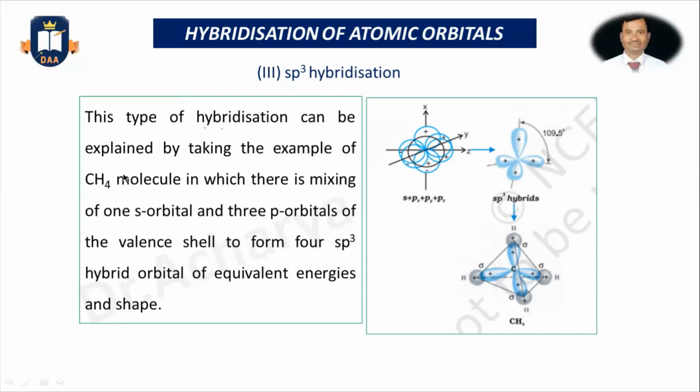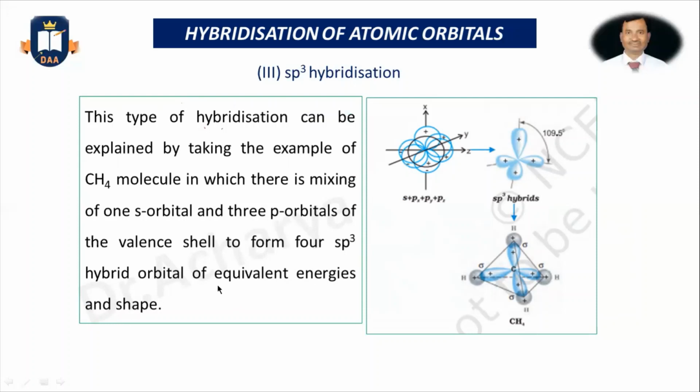For example, previously I already discussed the CH4 molecule. For CH4, the central atom carbon, in this case, involves the mixing of one s orbital and three p orbitals of the valence shell to form four sp3 hybrid orbitals of equivalent energies and shape.